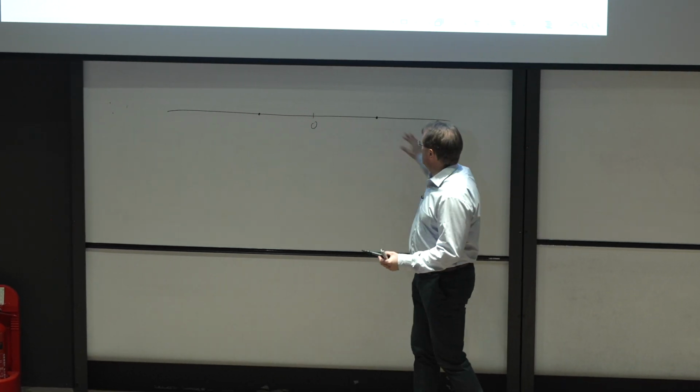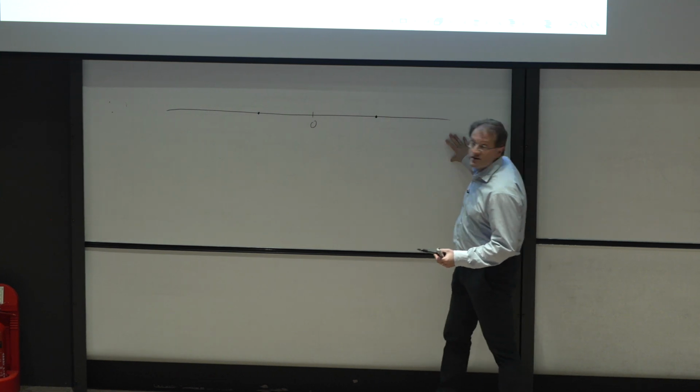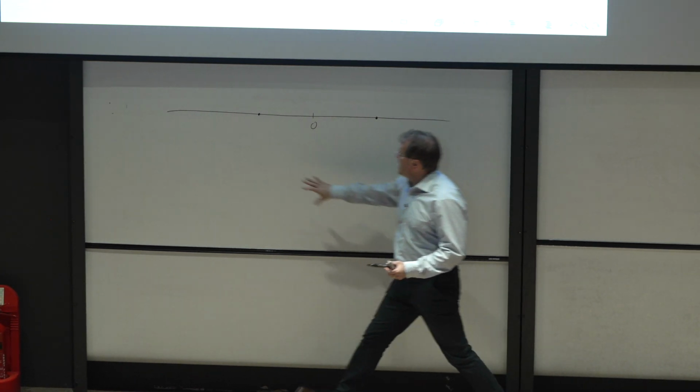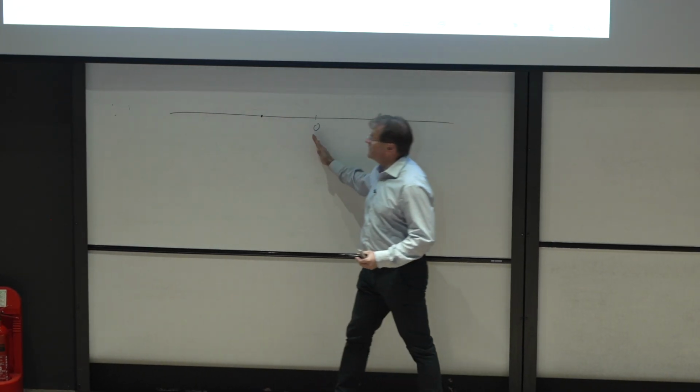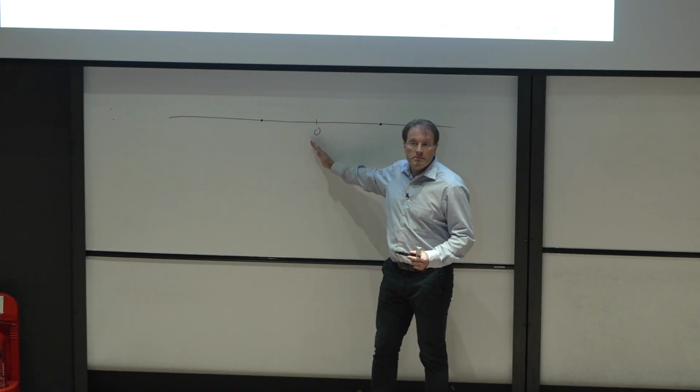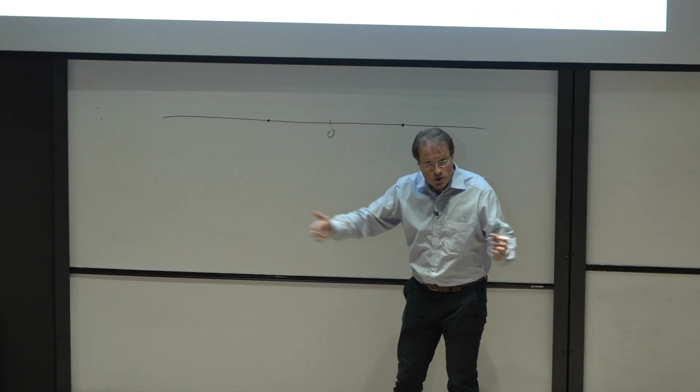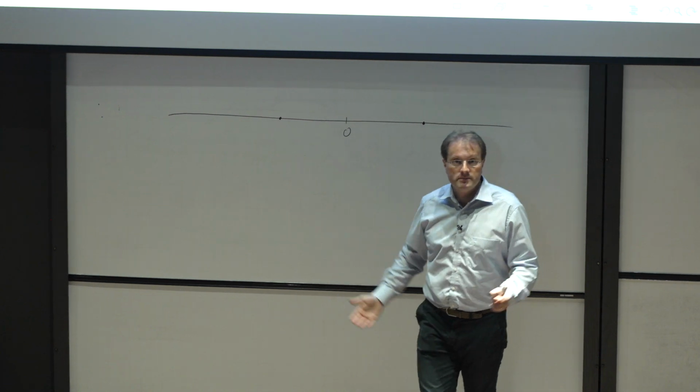So I've taken this number line, I've kept points on the right-hand side unchanged, everything on the left has just been shoved up to 0, but clearly the order hasn't changed. Okay, so that explains that.